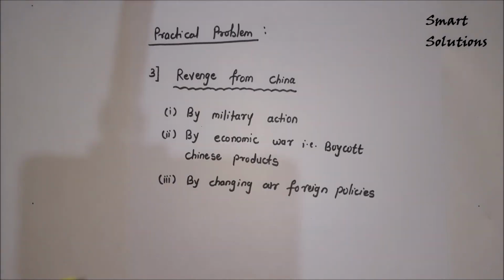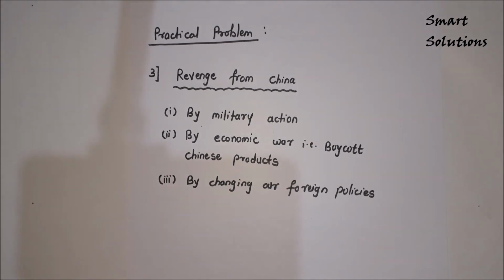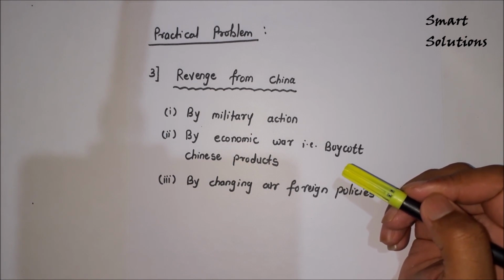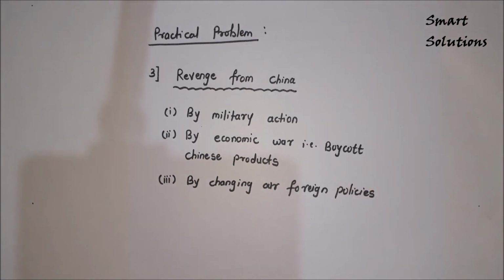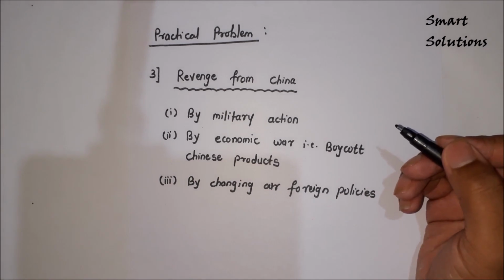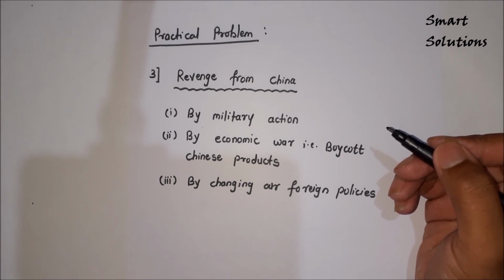So our third practical problem is revenge from China. Why have we taken this problem? As you all know, on our India-China border there have been conflicts between the Indian and Chinese army. Many of our soldiers were killed by the Chinese army, and so we all are very angry now.